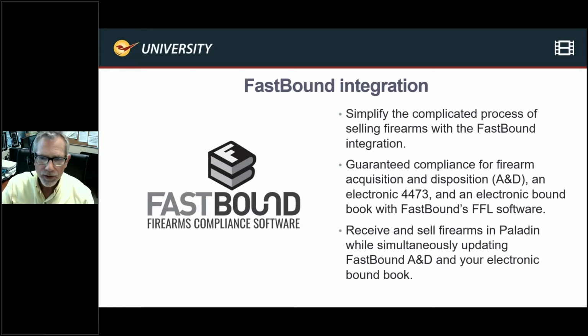It will make sure you have all the information that you need to provide to the feds, including the electronic bound book and the 4473 forms. We do that both electronically and or manually, and we guarantee compliance, or at least Fastbound will.